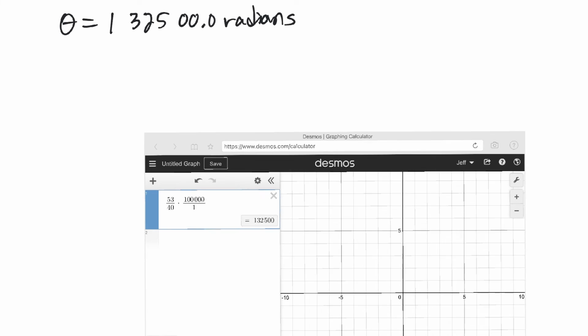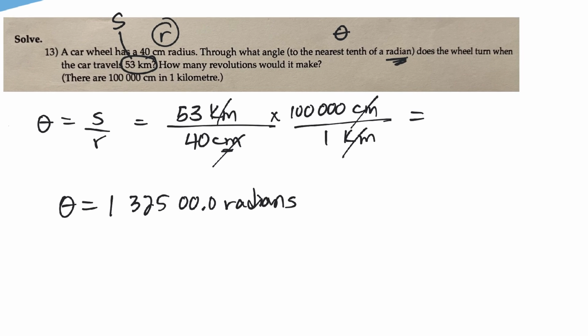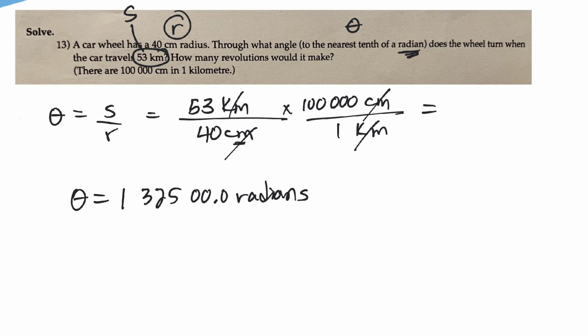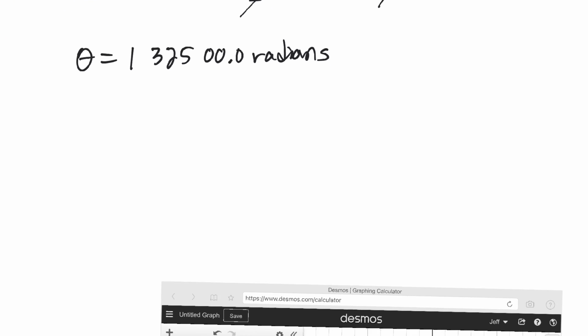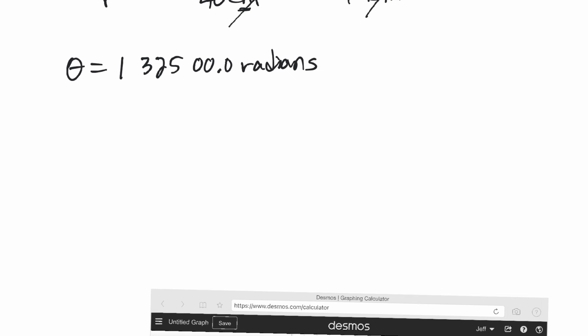Now the question asks what this answer would be if I converted it to revolutions. So to convert it to revolutions, I can take my angle, 132,500 radians, and I know that there's 1 revolution in 2 pi radians.